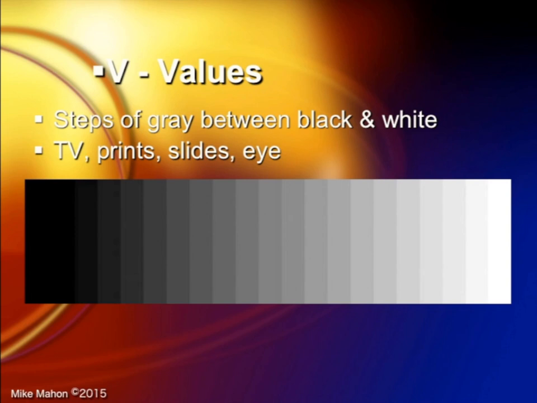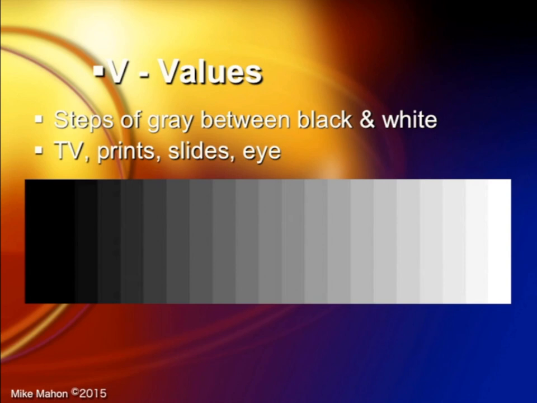And then photographic prints can do about 100 to 150 steps of gray. Slides will go to 200, 250 steps of gray. The film is sensitive enough to discreetly record those steps of gray.